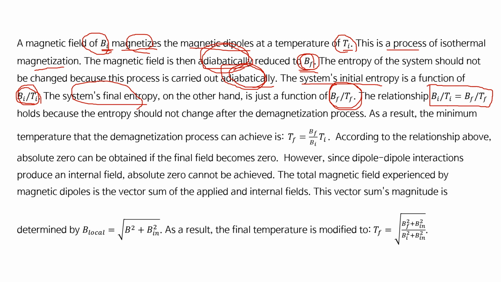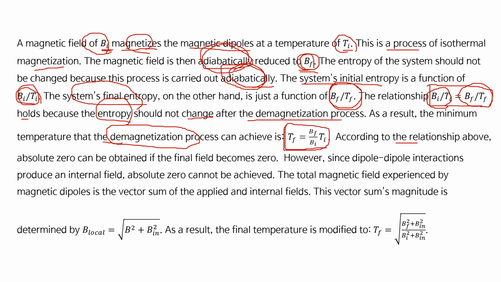So before the demagnetization process and after the demagnetization process, entropy should be the same. So this relation holds because the entropy should not change after the demagnetization process. As a result, the minimum temperature that the demagnetization process can achieve is given by this equation.